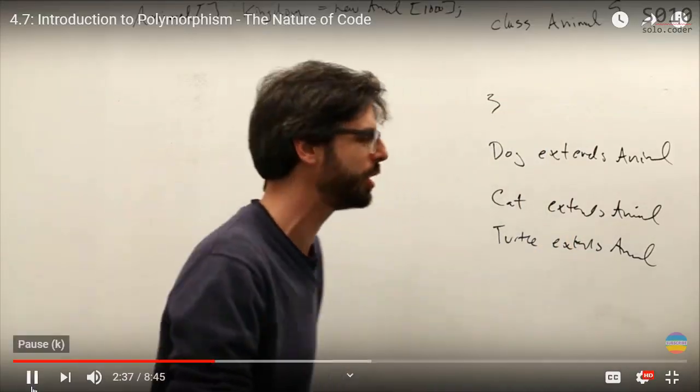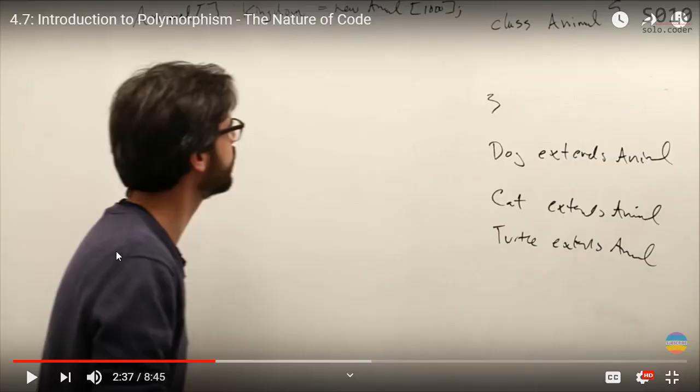This is polymorphism. Okay, so I'm just going to pause for a second and, in a way, restate what he says there. In his example, he's creating an array of animals. And because animal is the parent of cat, dog, and turtle, in that array we can add dogs, add cats, add turtles, and work with them as if they were the same type.